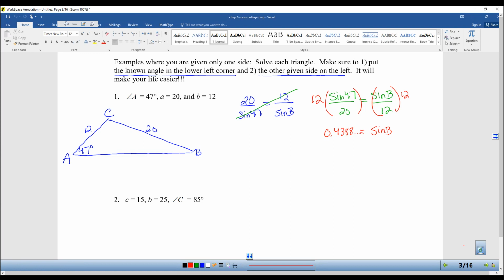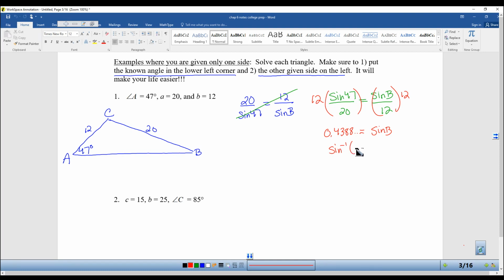In case you've forgotten from a previous chapter, the way we undo that, so you need the angle, but you have the ratio, the way you undo that is inverse sine. But I don't want you to try and type this answer in. I don't want you to round at this point.